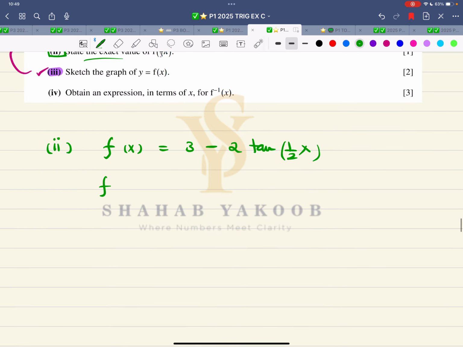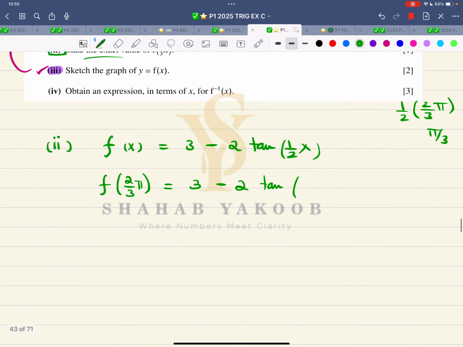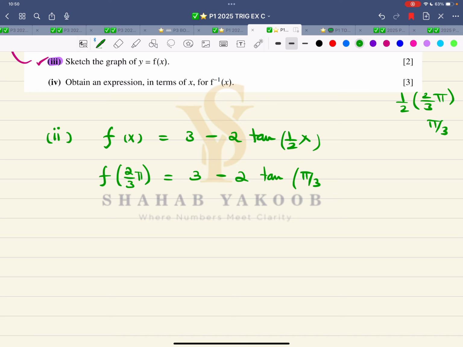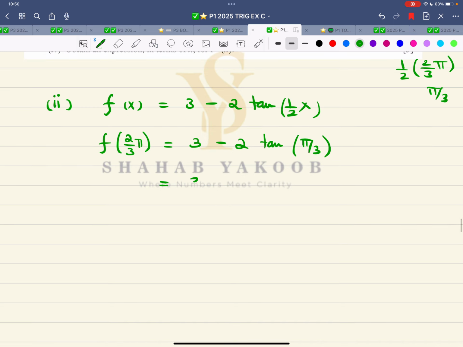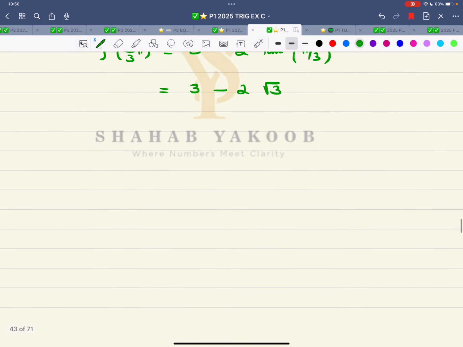Now when x is 2/3 pi, if I plug in this value, this is 3 minus 2 tangent half of 2/3 pi. Half of 2/3 pi is pi by 3, and we know that tangent of pi by 3 is root 3. So this is 3 minus 2 root 3, and just leave the answer in the exact form.